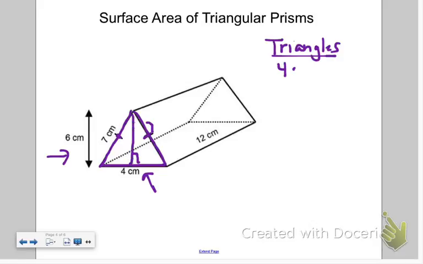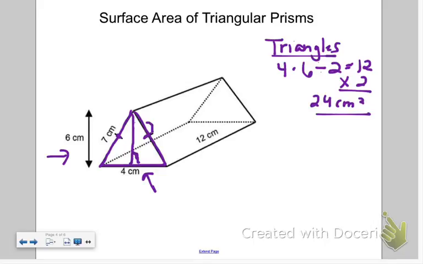You could write it inside if you wanted, but it is 6 centimeters tall. And of course divided by 2. 4 times 6 is 24, divided by 2 gives you 12. So it's 12 square centimeters for one triangle, but 2 triangles. That means it's 24 square centimeters for those 2 triangles.